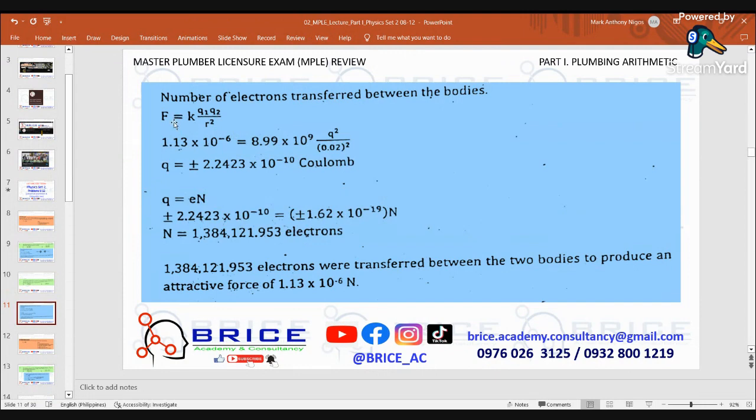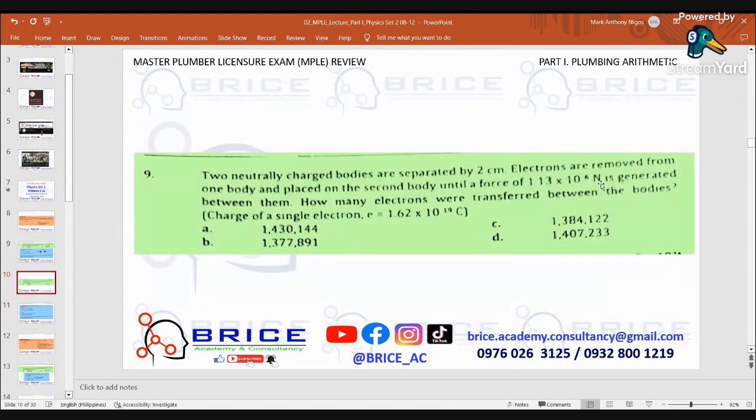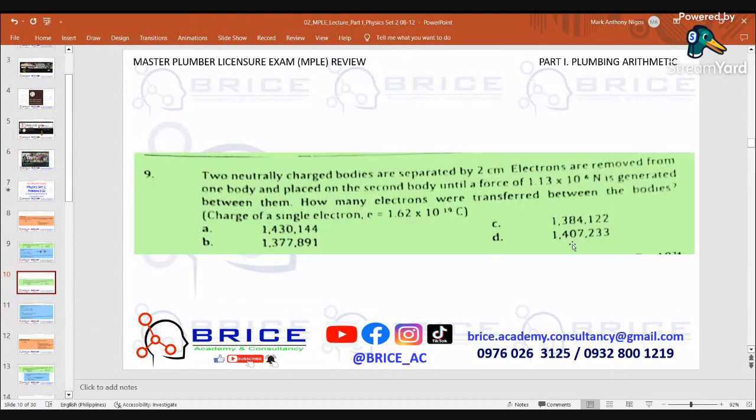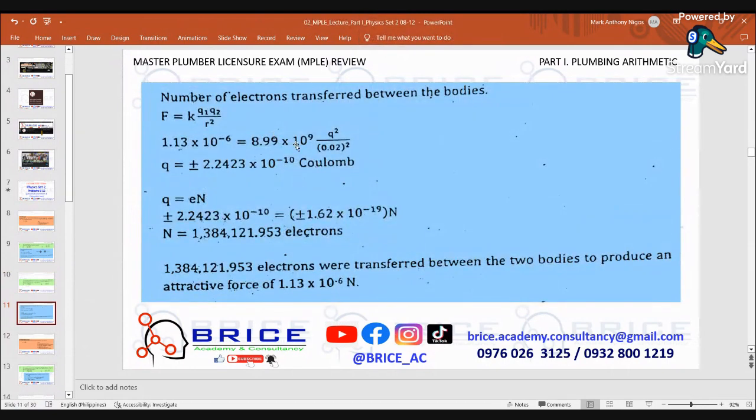Using the formula again, F is equal to K times Q1, Q2 over R squared. F is 1.13 times 10 to the negative 6. K is 8.99 times 10 to the 9, a constant.